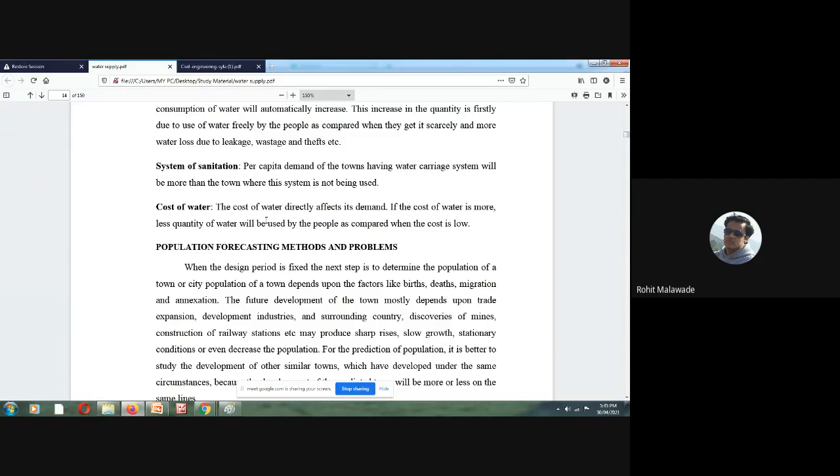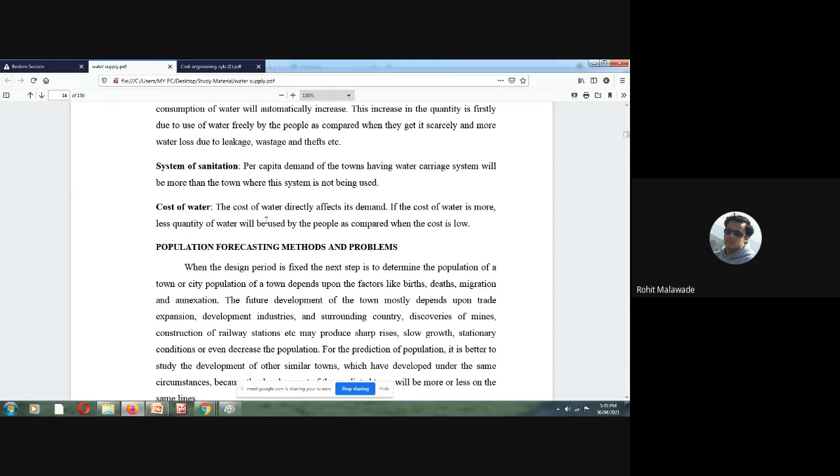If you are going to get 24/7 water supply, we call it a continuous water supply. If we get the water 24 hours of the day, we call it a continuous supply. If we are getting water for only 1 or 2 hours, once in 3 or 4 days, that we call an intermittent supply.